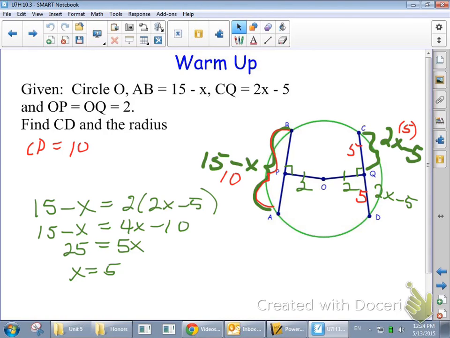And now I'm trying to find the radius. Remember, a radius is anywhere from the center out to the edge of the circle, the circumference or perimeter of the circle. So if I draw in my radius in pink, that's what I'm trying to find.